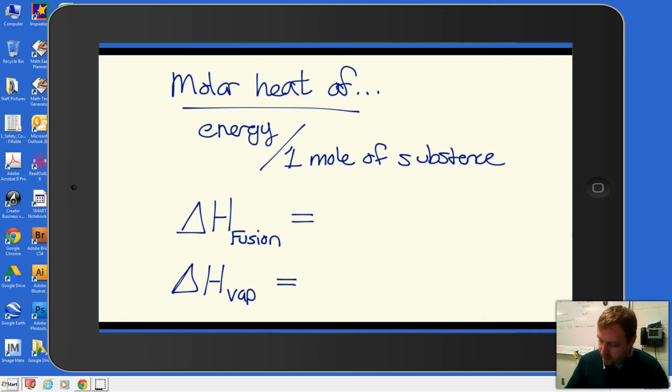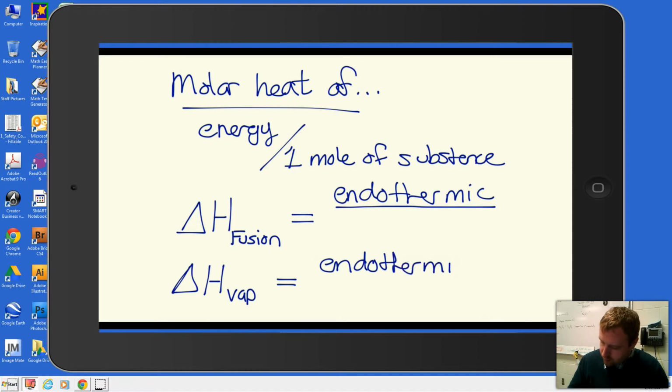The molar heat of fusion and vaporization both involve heat input. So they're both, first of all, endothermic processes. The other thing which is important to focus on is that because they're endothermic and have a heat input, that means that we're adding heat to our system.